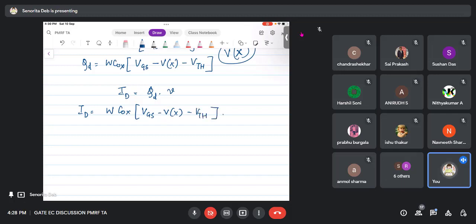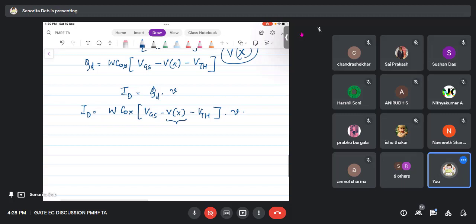You see that V(x) is the term which is dependent on x, everything else is constant. And we will see what v is. V is velocity, so that also is dependent on x. Acceleration is velocity per unit time, and velocity is per unit distance per unit time, so this is what is dependent on the distance.